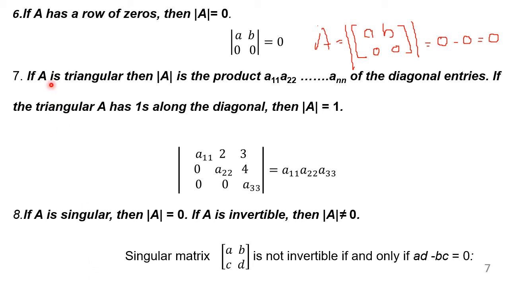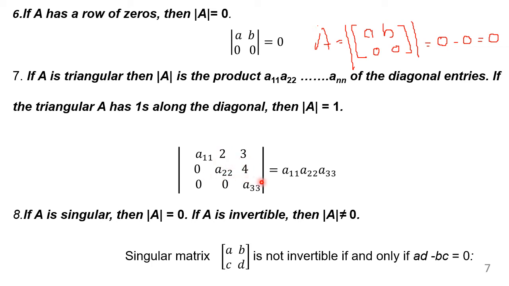The next property is if A is triangular, then the determinant of A is the product of the diagonal entries a11, a22 up to ann. Let us take an example of a 3 cross 3 matrix. This is triangular in nature. We have the diagonal elements as a11, a22, a33, and we have the upper triangular entries 2, 3, and 4.